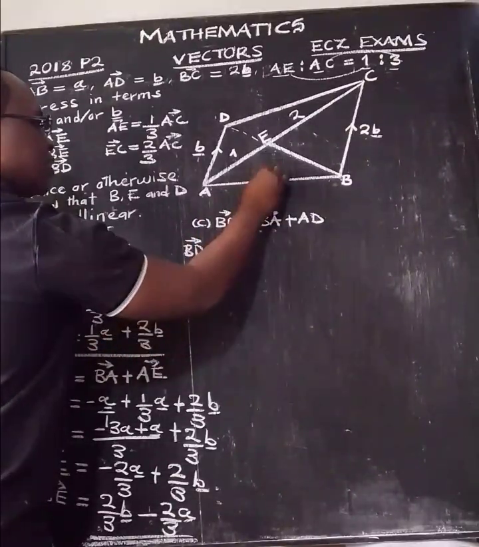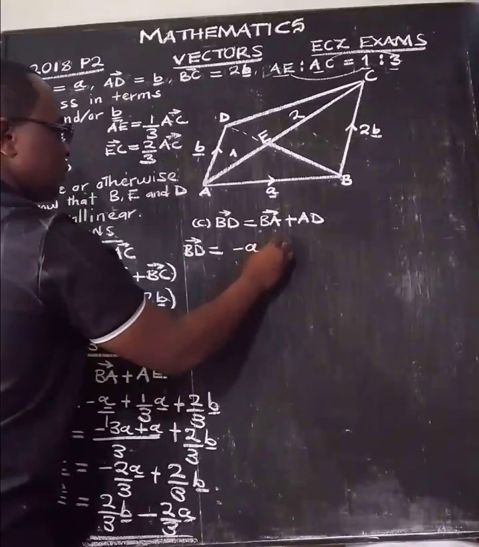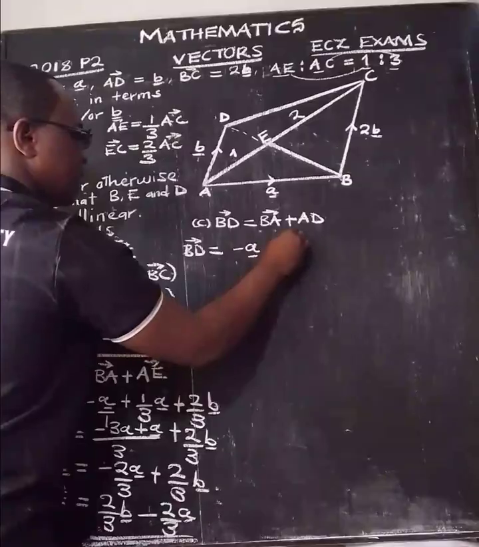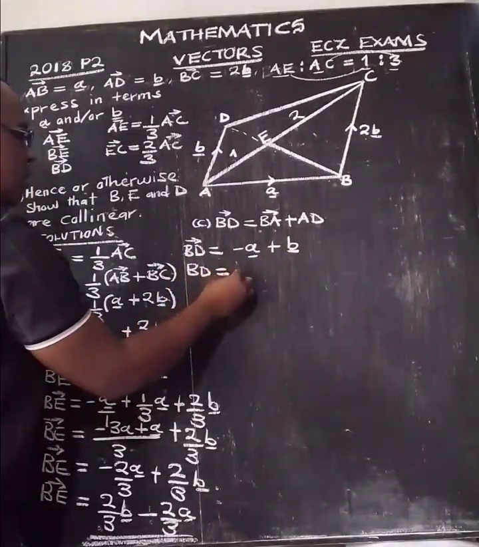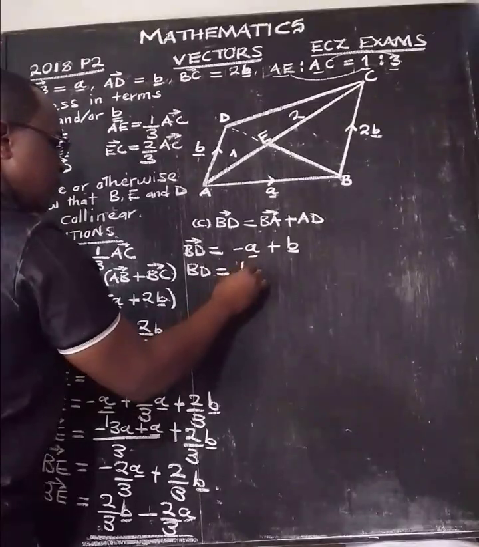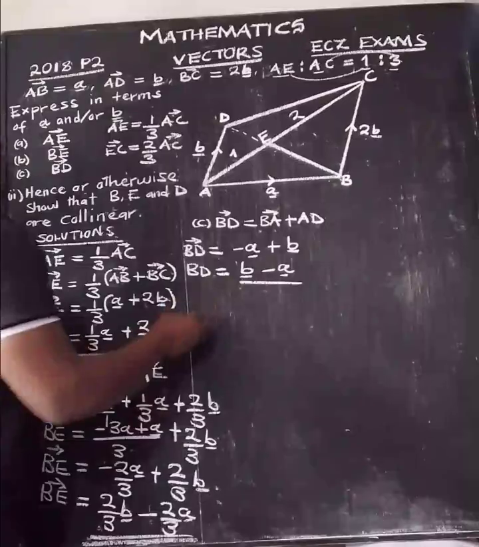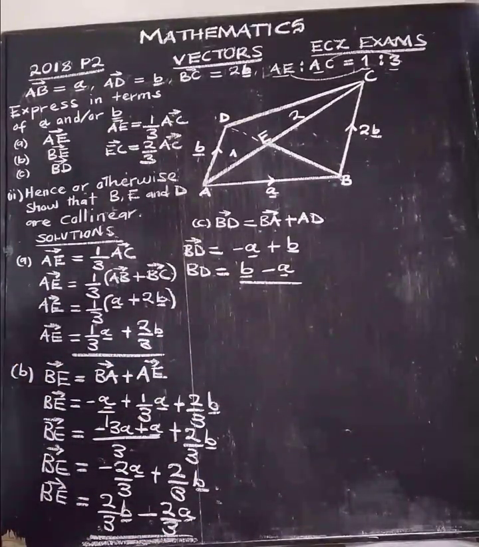BA, we're moving against the arrow, which is negative A. So plus AD. AD is vector B. So BD is finally, starting with the positive, B minus A as vectors. Okay, so we're done. Let's look at this other question.